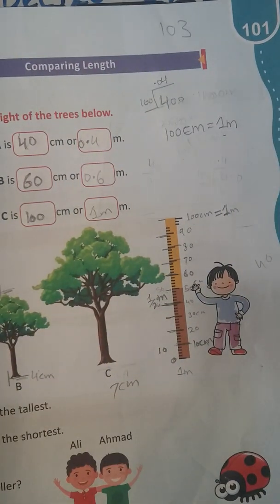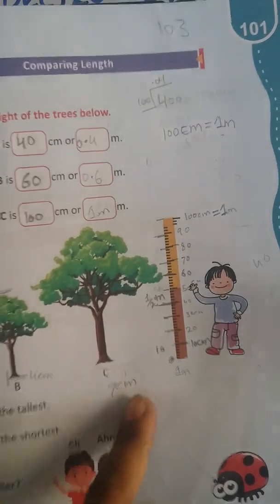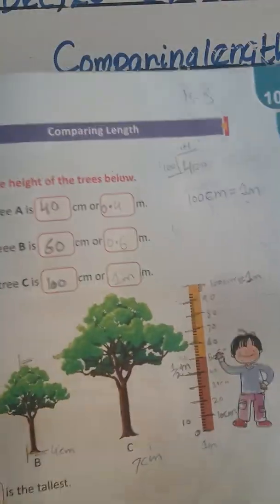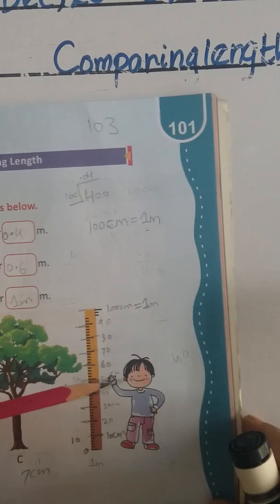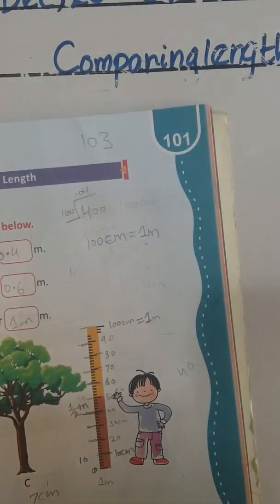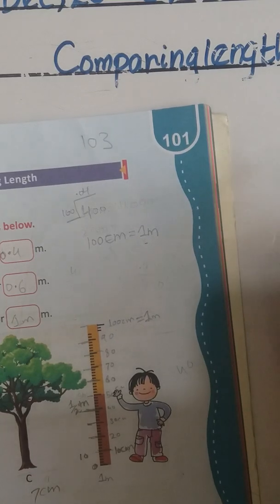Okay guys, now we have written all the measurements of trees A, B and C in centimeters. Now I will tell you how to convert centimeters into meters. Look at the board. The height of the first tree is 40 centimeters. Now convert 40 into meters.